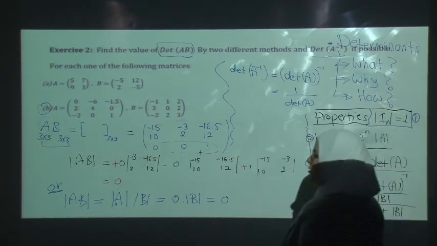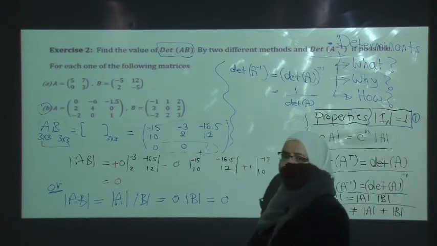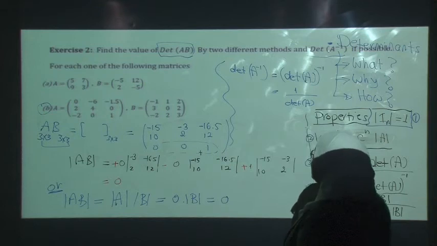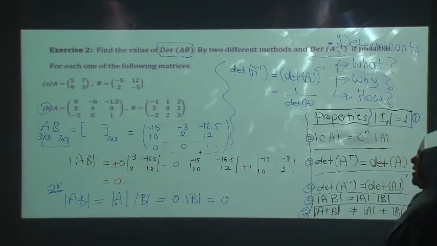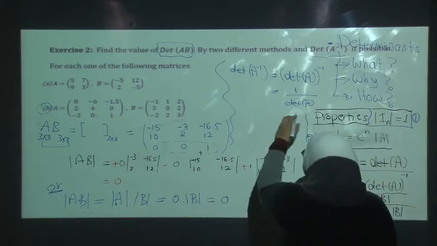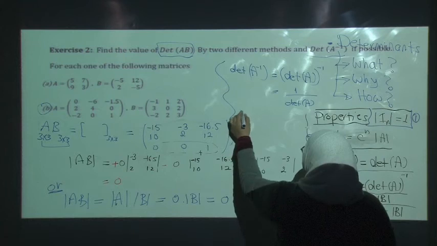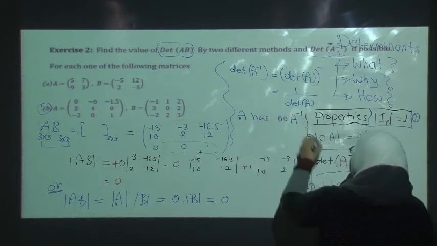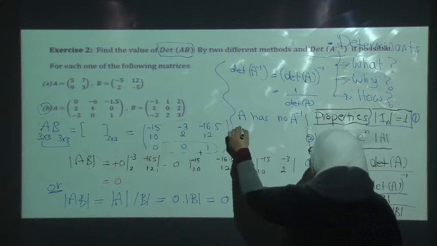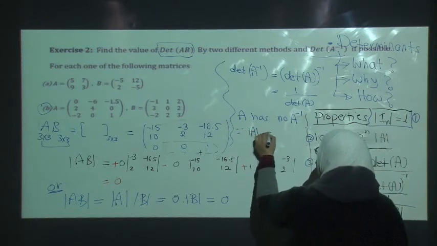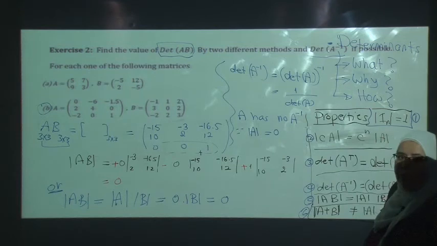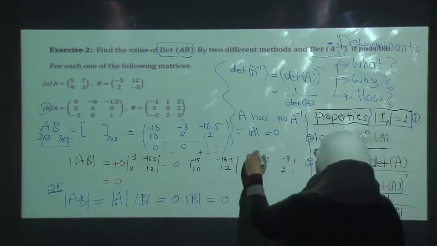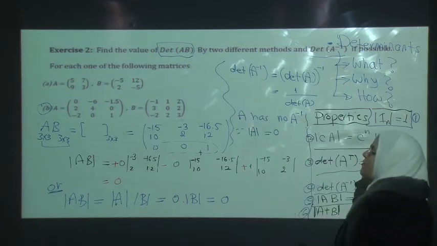What was the determinant of A here? The determinant of A was 0. So does A have an inverse? We will say that A has no inverse. Why? Since the determinant of A was equal to 0, there is no determinant of A inverse.